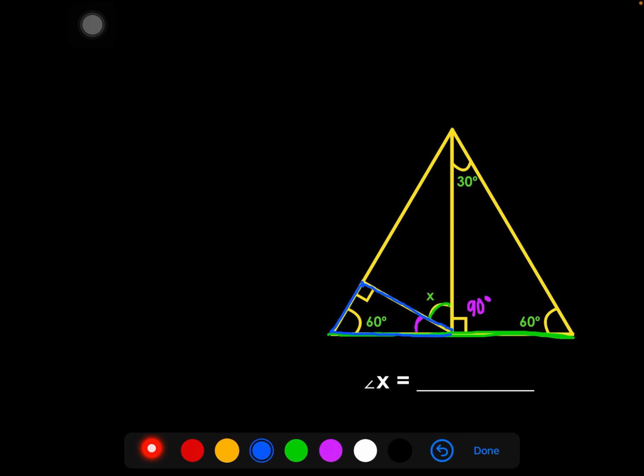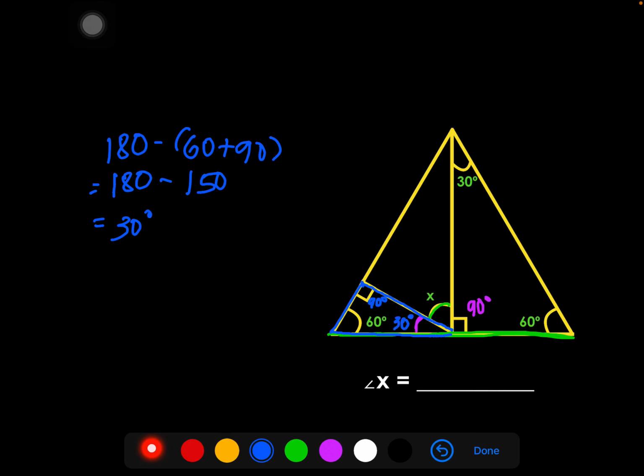To do that, I would now subtract 180 minus 60 plus 90 degrees, 90 degrees because this one is a right angle. Okay, so that would now give me 180 minus 150, which is 30 degrees. Now that purple angle right there is 30 degrees.